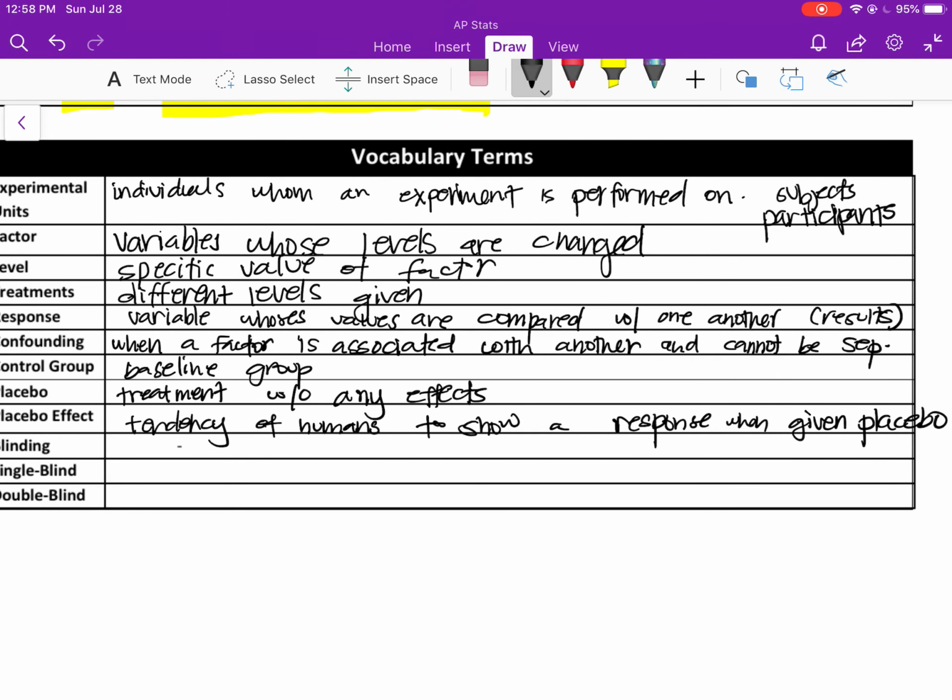So it's this idea that they are being affected even though they weren't really given the treatment.